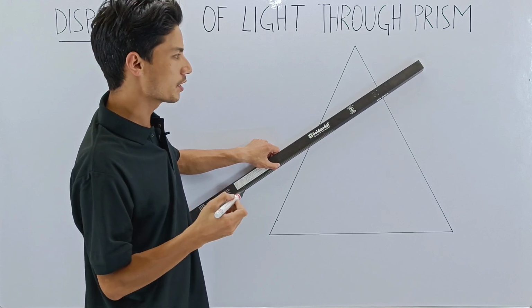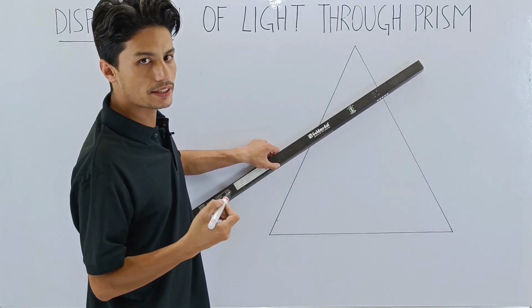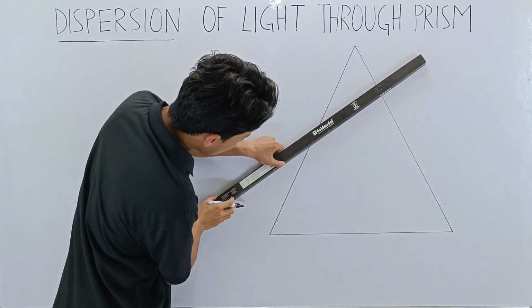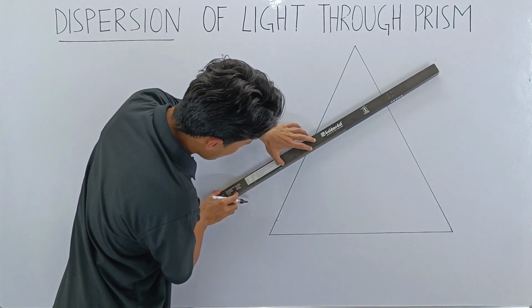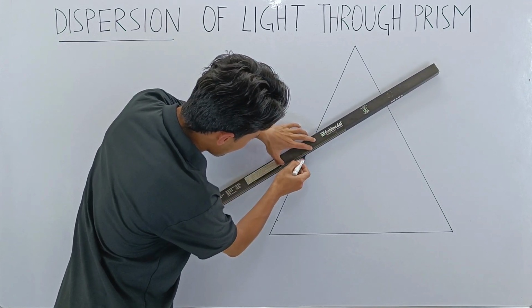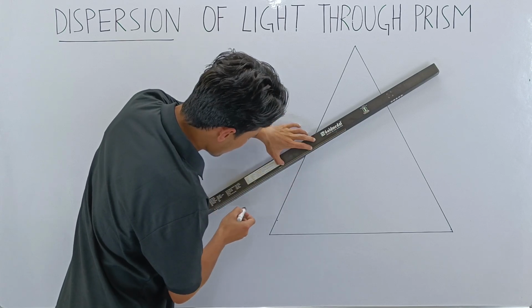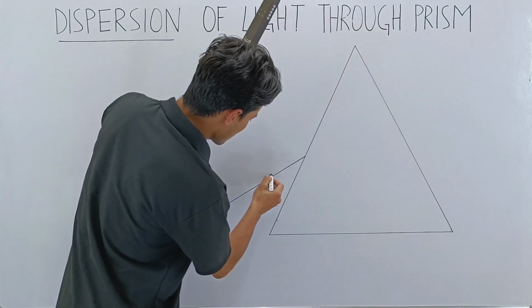We learn that way better. So please do that. Let us draw this as the incident ray. So this is the ray.